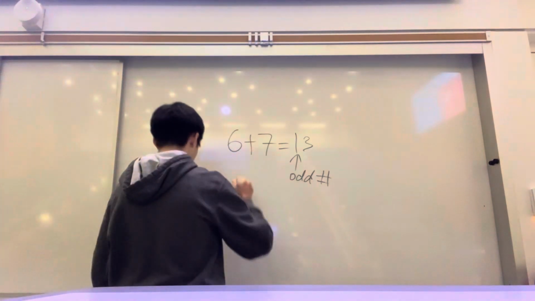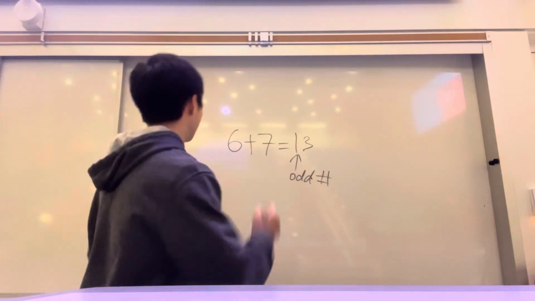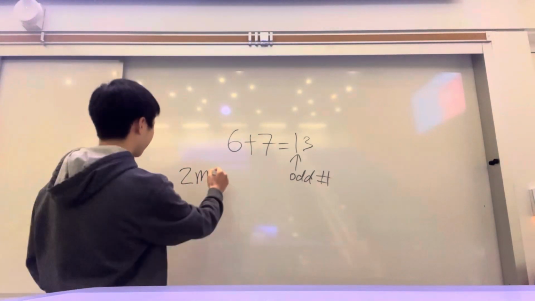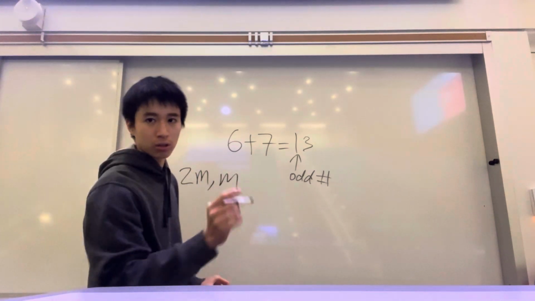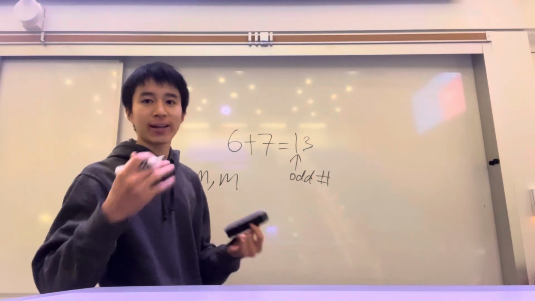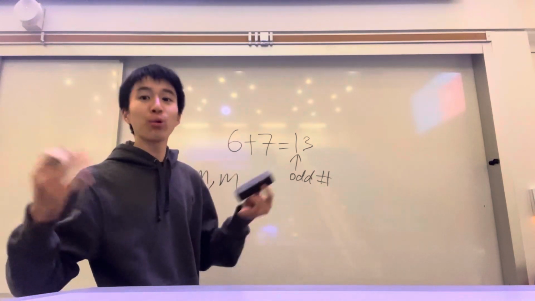You can actually define an even number like this: 2m, where m belongs to the set of integers. I'm talking about 0, 1, 2, or negative 1 and 2. Basically integers, whole numbers, right?